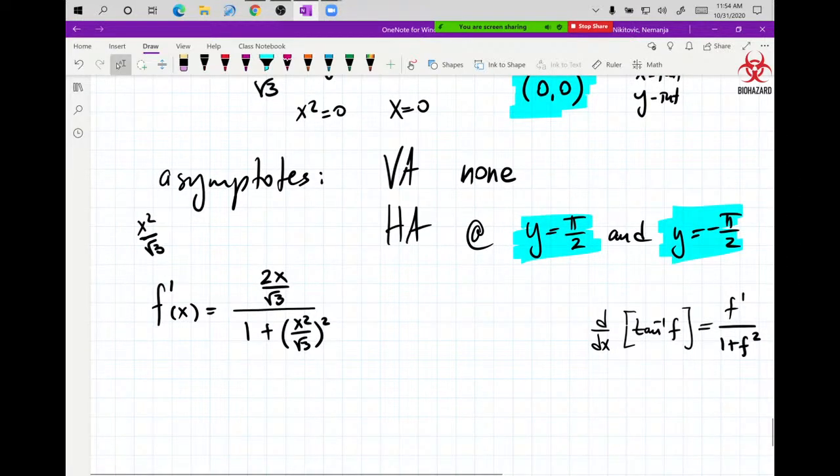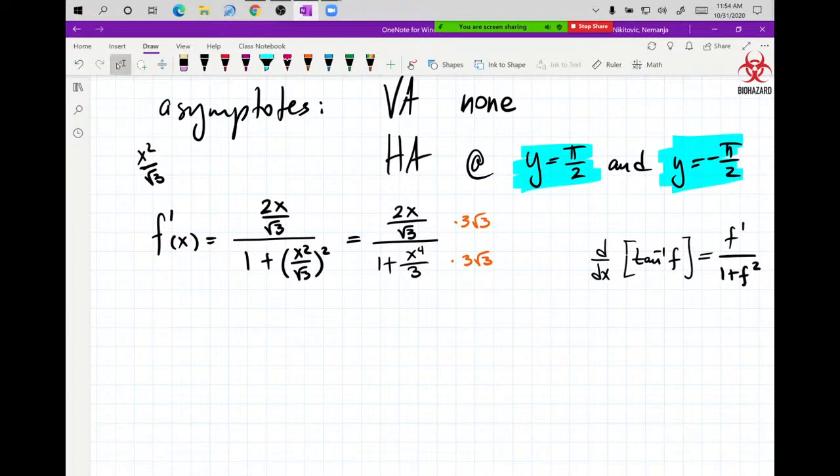So now you fix this as much as you can because you don't want this double fraction floating about. You have your 1 plus x to the 4th divided by 3. And you multiply top and bottom here by 3 root 3 to kill off all of the denominators.